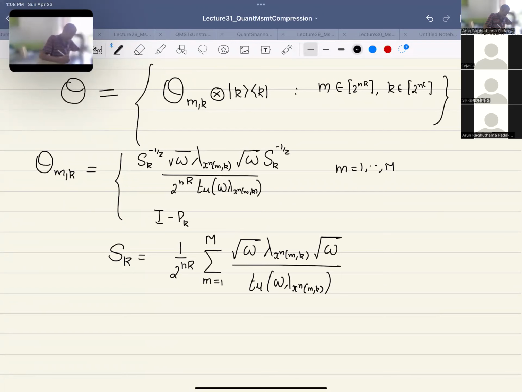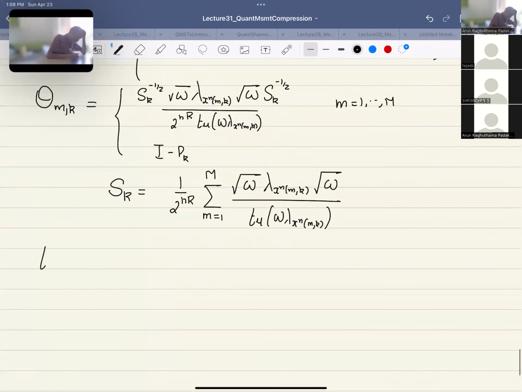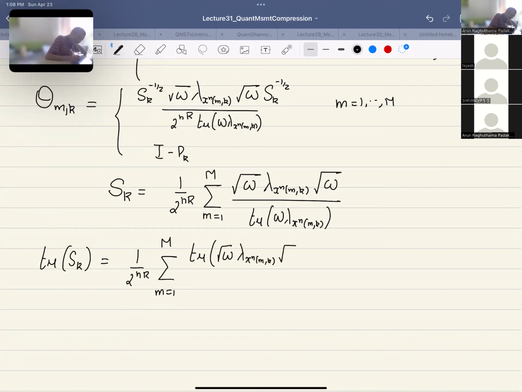Okay. What is the trace of sk? Trace is linear, and the denominator is a scalar, so I can pull it out. So it's trace of root omega lambda xn of m comma k root omega, which is an operator, divided by trace omega lambda xn of m comma k.